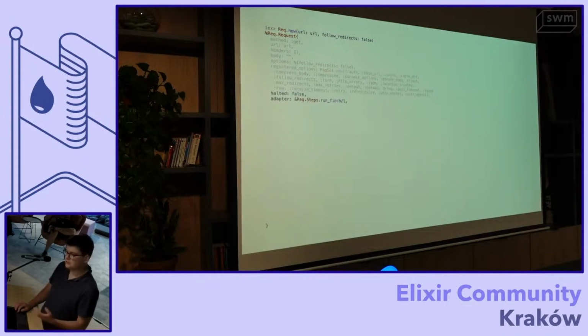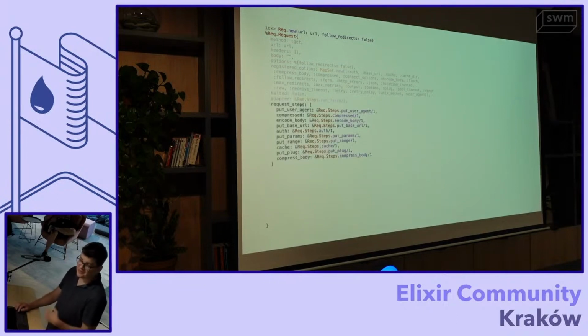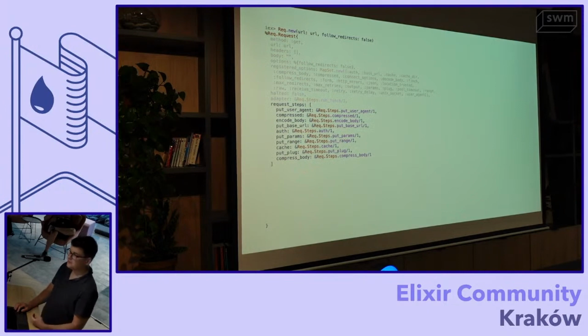We have halted, which is kind of like the plug, con, halt, and adapter, which we are going to cover later. And now we actually keep track of all of the steps as well on this request. So by default, rec will put all of these built-in ones, but you can rearrange them as you wish. So these are the request steps. These are the steps that happen before making the network call. So this would be setting headers, setting body, setting a URL, and so on.